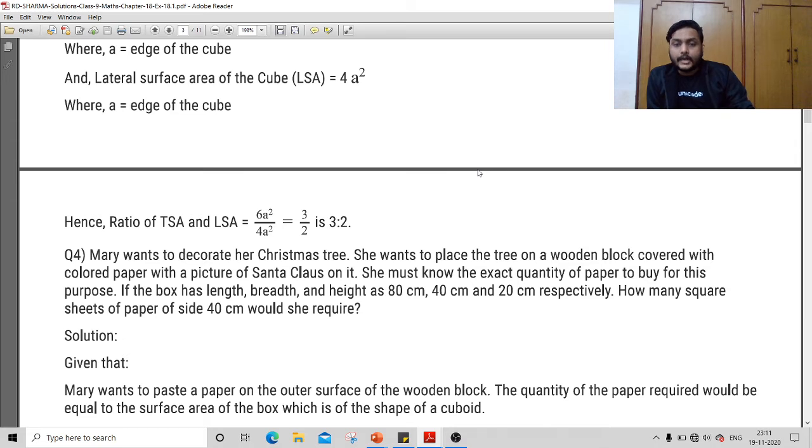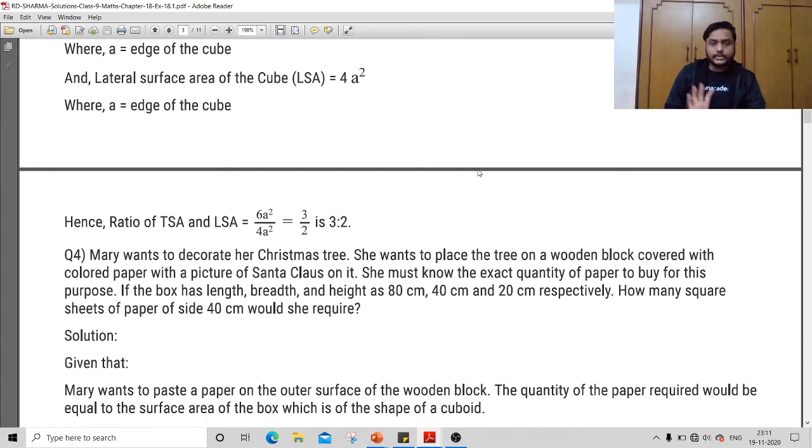She must know the exact quantity of paper to buy for this purpose. If the box has length, breadth, and height as 80 centimeter, 40 centimeter, and 20 centimeter respectively, then how many square sheets of paper of side 40 centimeter would she require? Are we clear with that, guys?